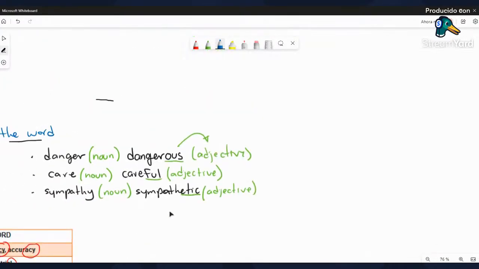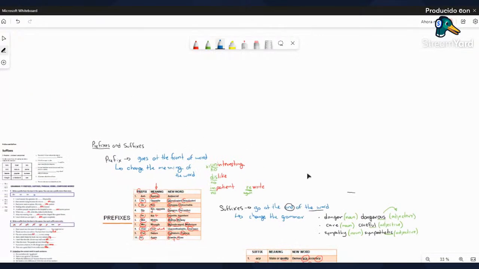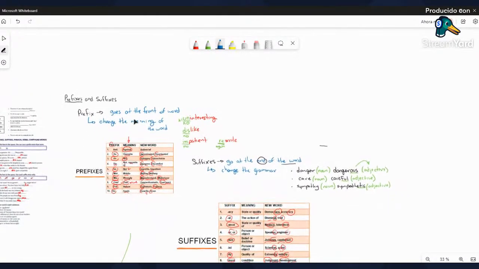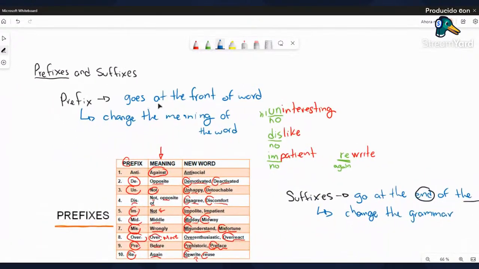Let's review a little bit what we were doing here. Today, guys, we were learning about the suffixes and the prefixes, right? What we learned is that the prefix is a little particle that goes at the front of a word. For example, in interesting. So it goes first, pre. The word pre means before, so it's before the word. The main function of these prefixes is that they change the meaning of the word.